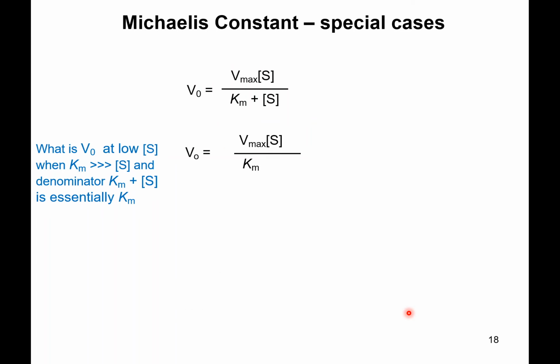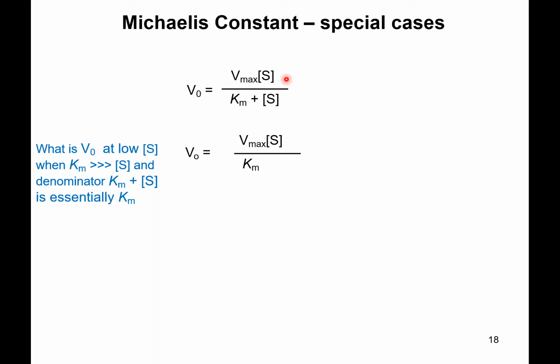Another special case, or special cases, depends on the concentrations relative to each other, or I should say the substrate concentration relative to the Km. So V naught at very low substrate concentrations: Km will be much, much higher than the substrate concentration.